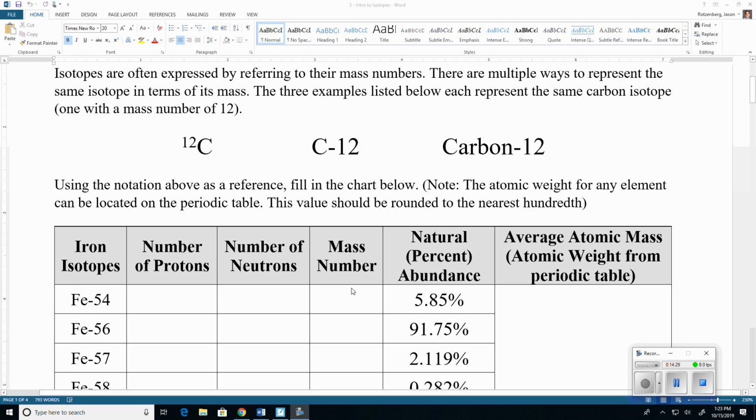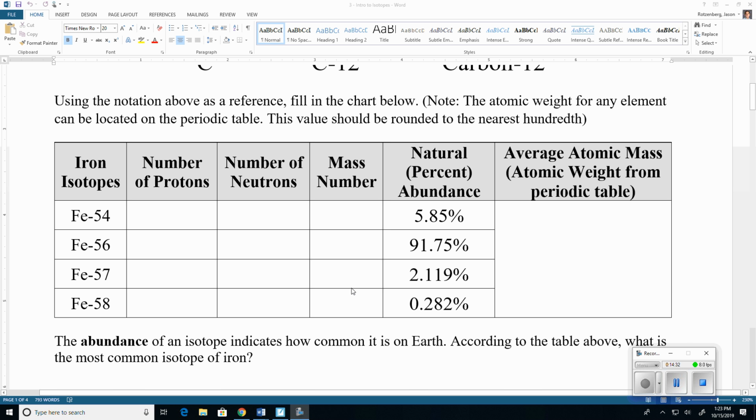Okay? Let's look at this middle table. It says, using the notation above as reference, fill in the chart below. So in other words, I want you to take a minute right now. Iron 54, figure out the number of protons, the neutrons, and the mass number. Iron 56, same thing. Same with iron 57, same with iron 58.